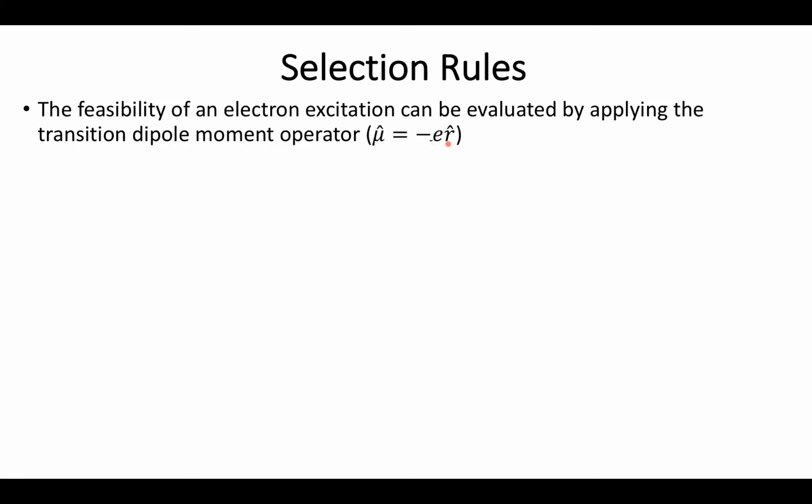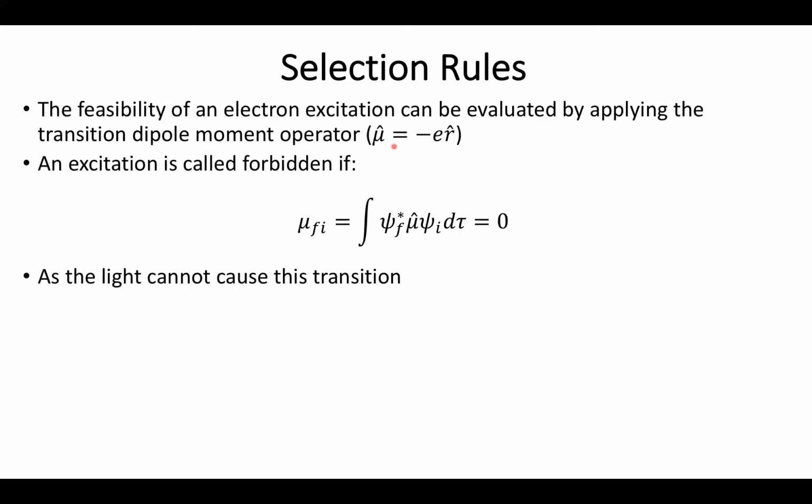The more charge I have further out, essentially, the more I've moved the angular momentum, which should make a certain degree of sense. Now, where this gets really cool is that it turns out that this transition dipole moment operator more or less stands in for the dipole that the photon has coming in.